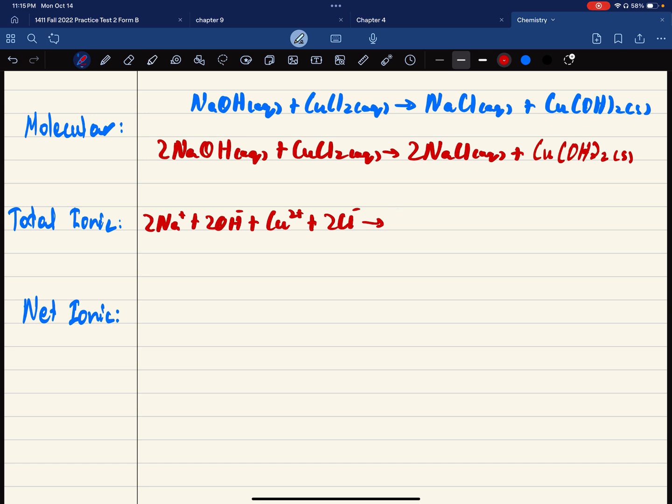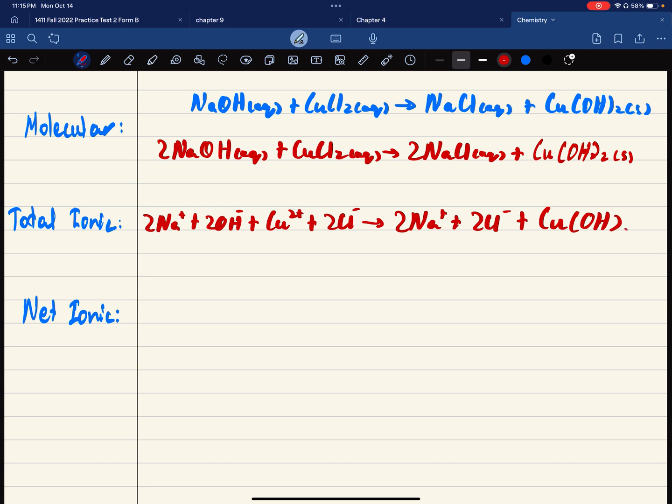On the product side, we have again 2 Na plus plus 2 Cl minus, and then the precipitate form, which is a solid.